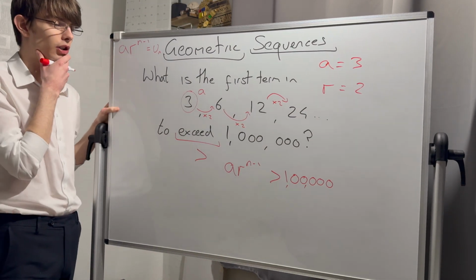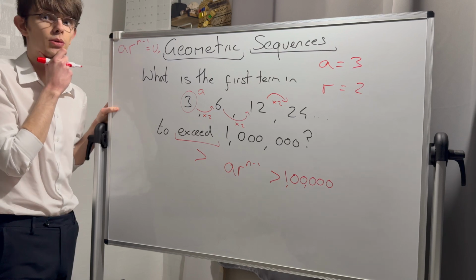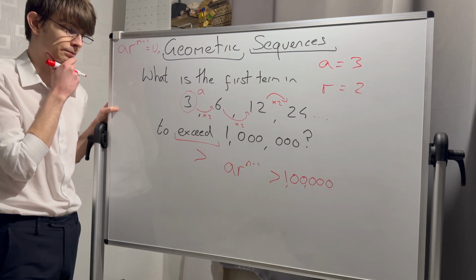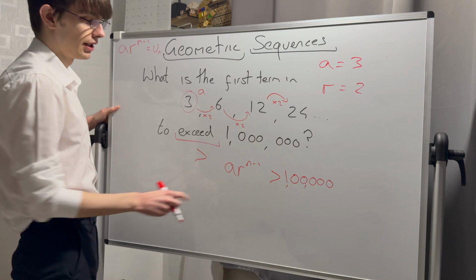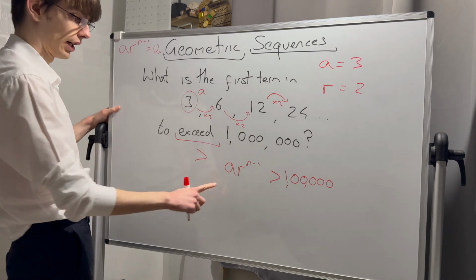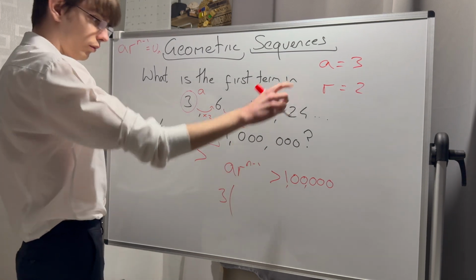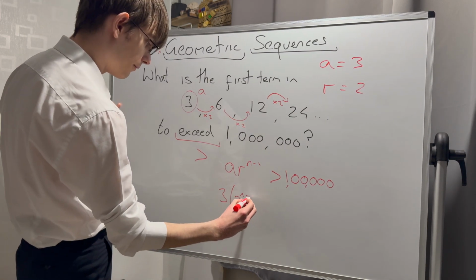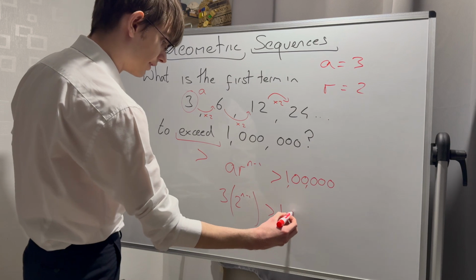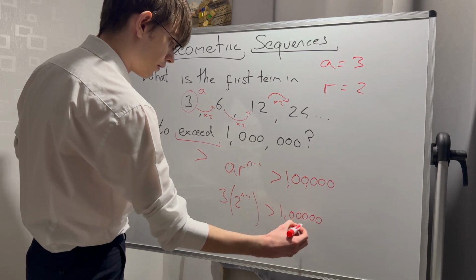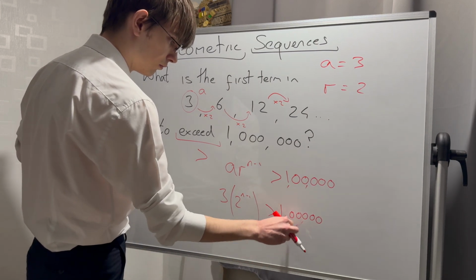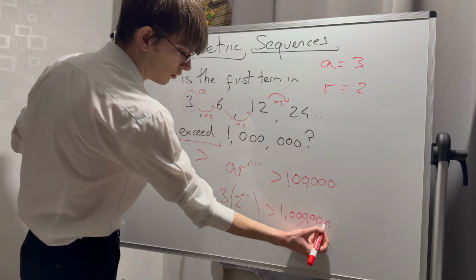So how am I going to go about solving this? Well, it's going to involve some logs. So let me rewrite this equation using the information I have. So 3 times 2 to the n minus 1 must be greater than a million.